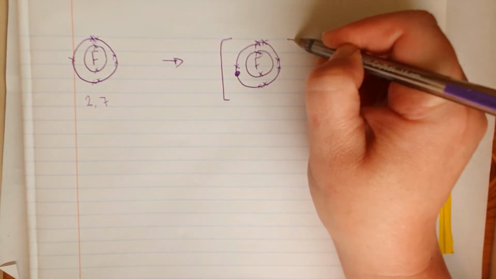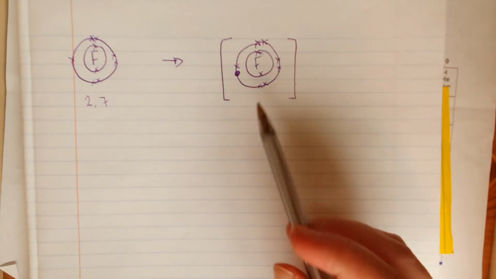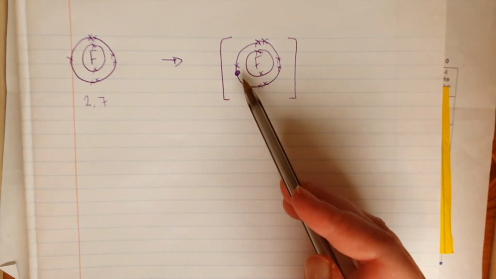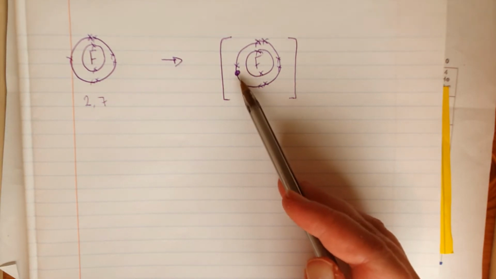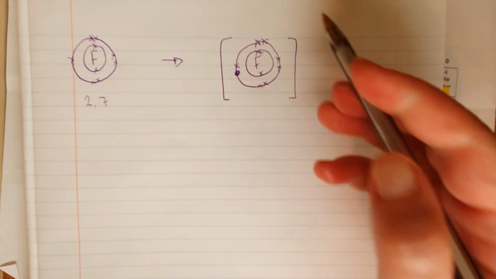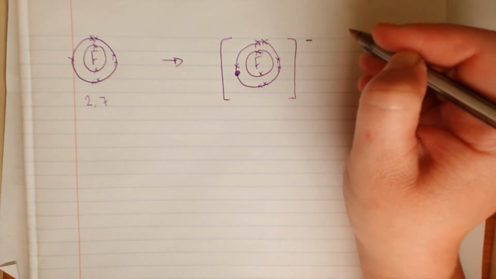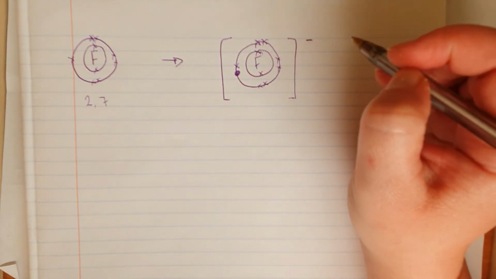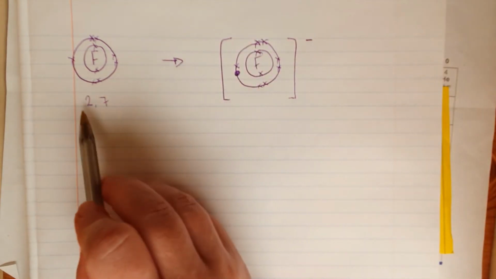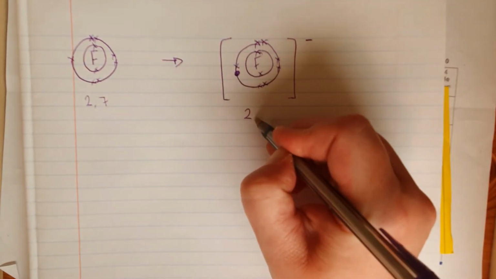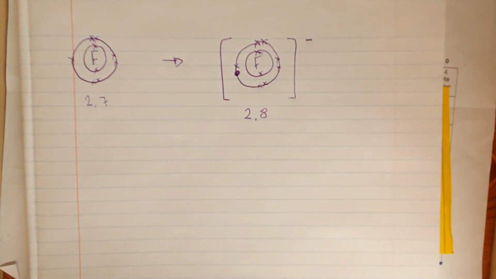Again, we put square brackets. Now this time it's gained one of these disgusting, horrible, slimy teddies, one of these electrons. If it's gained 1, it will be negative, and it'll be -1. Now before it was 2, 7, so afterwards it will be 2, 8.